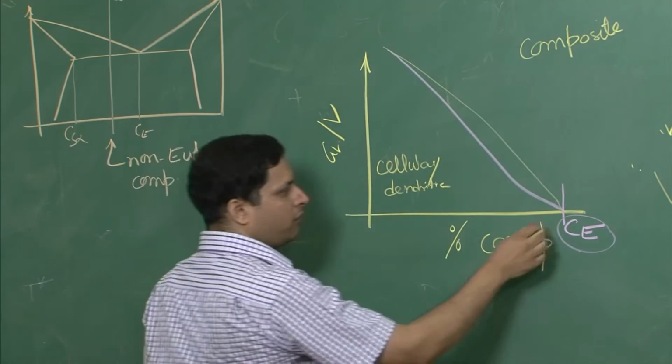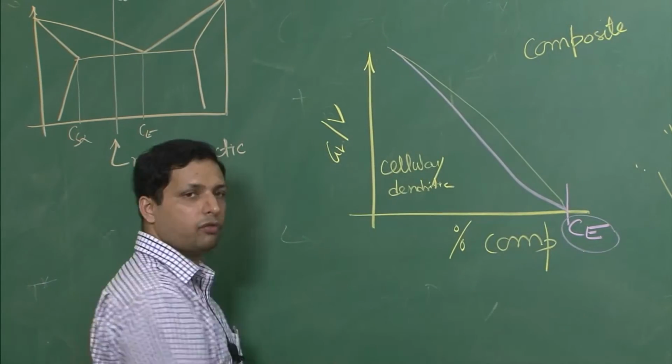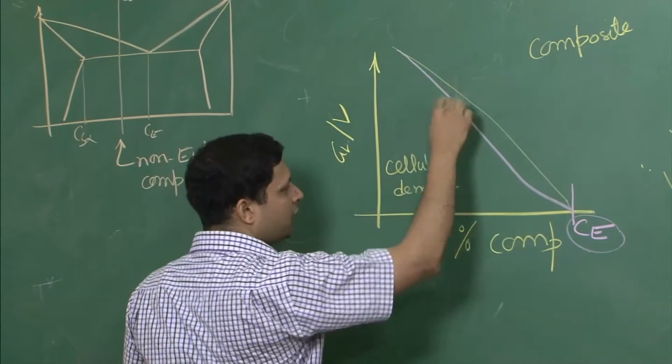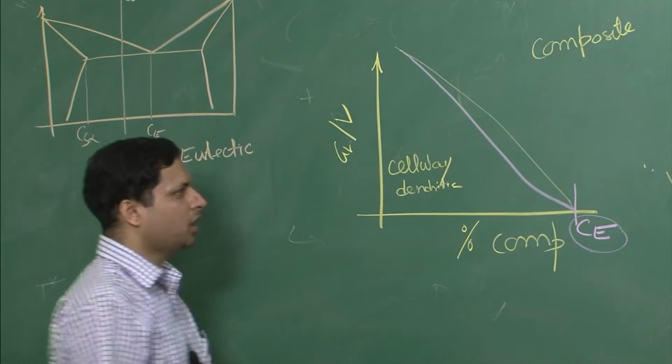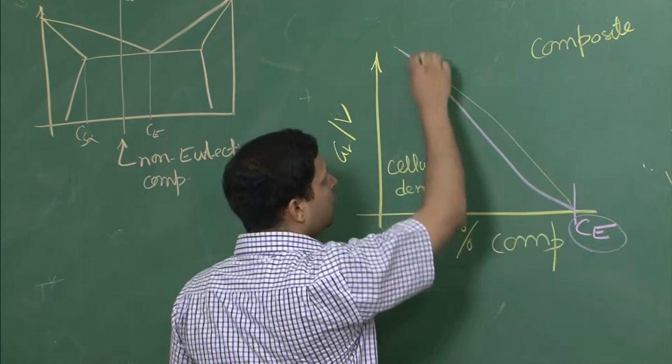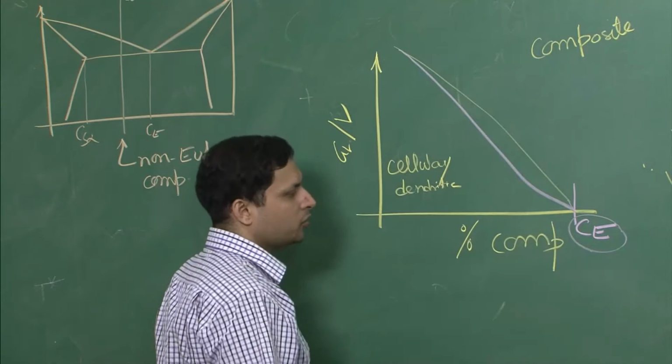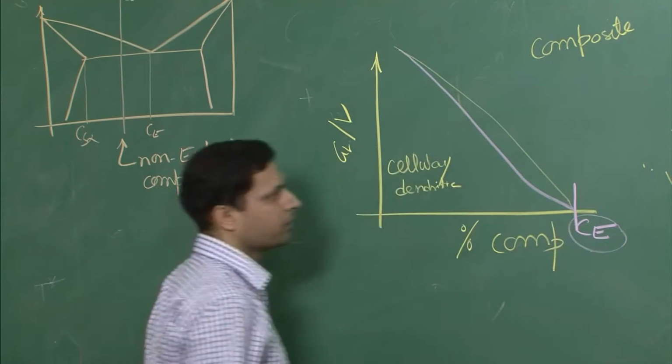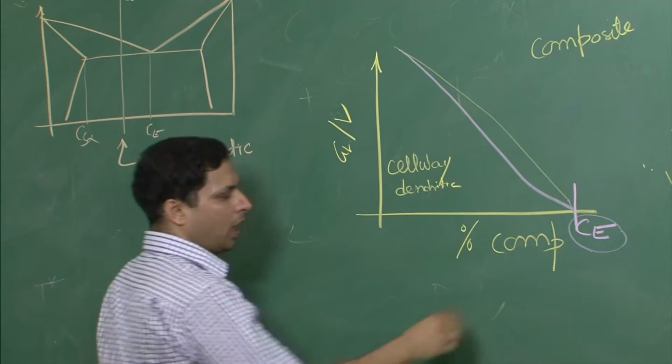But only when we look at the general, off-eutectic composition, we see that it varies along with the composition, and it changes continuously with the percentage composition.